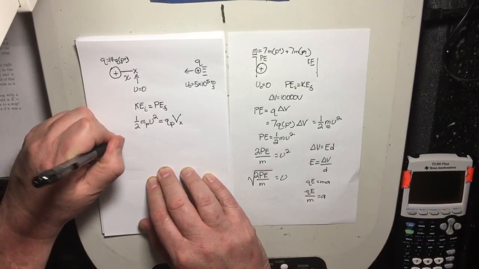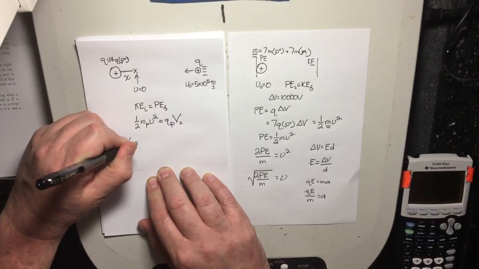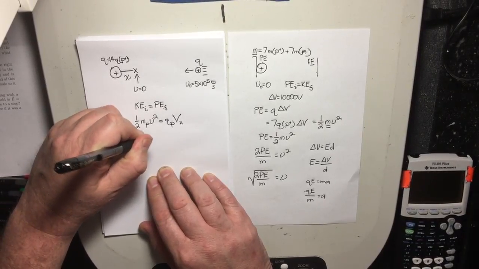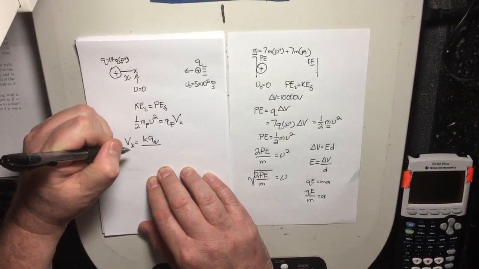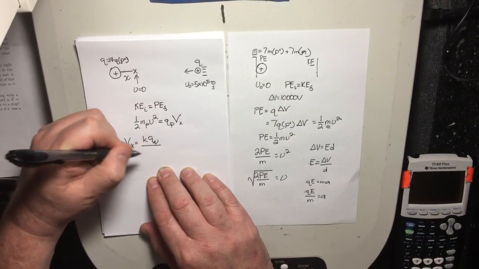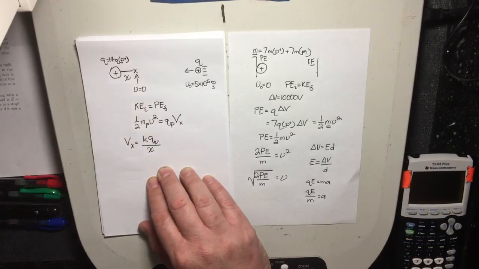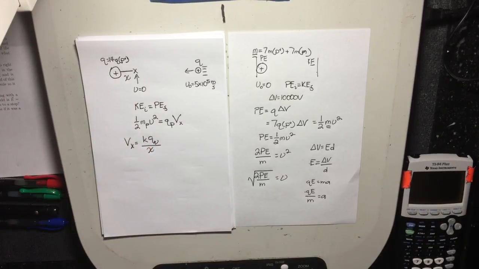Now, the potential energy at that point x is kq of the nitrogen nucleus divided by the distance x. kq over r, but in this case, we're going to use x.